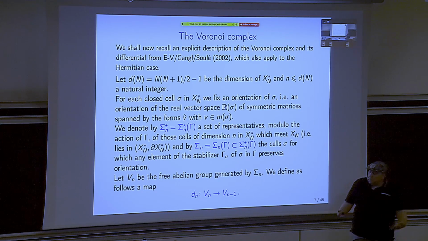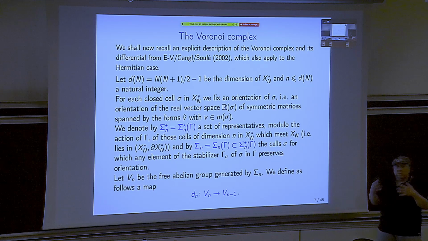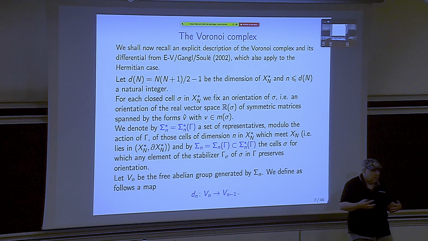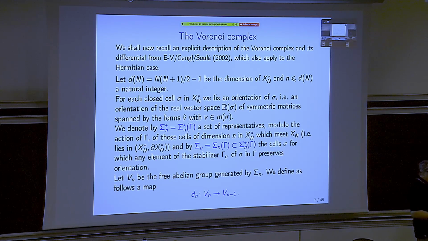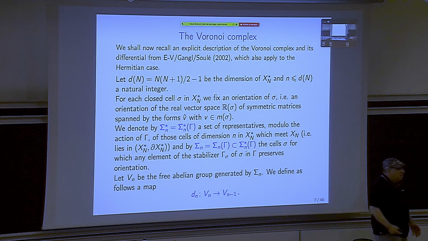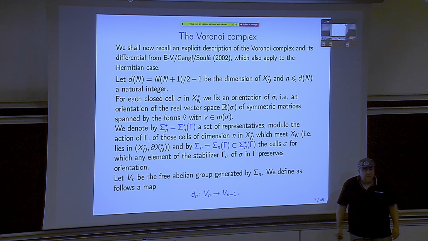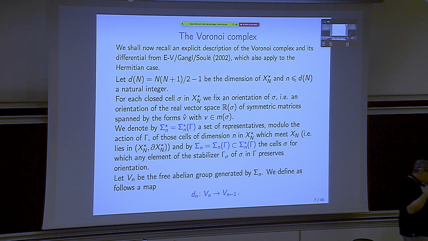Okay. Strictly speaking, on one hand we need to build the geometry, so just the cells, and on the other hand we need to build the differentials. But first we need to define the differentials, and it is not that easy, because in fact it is not a simplicial complex.